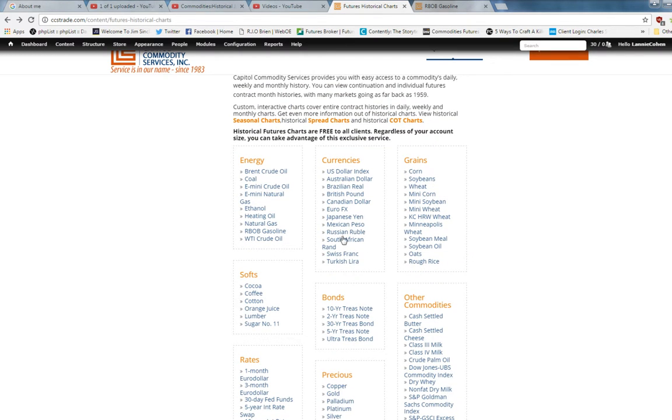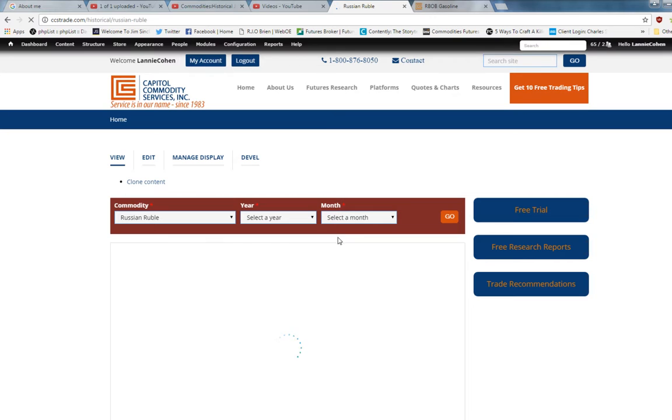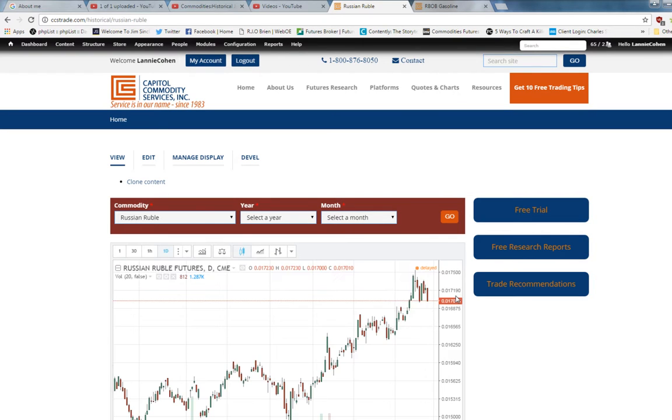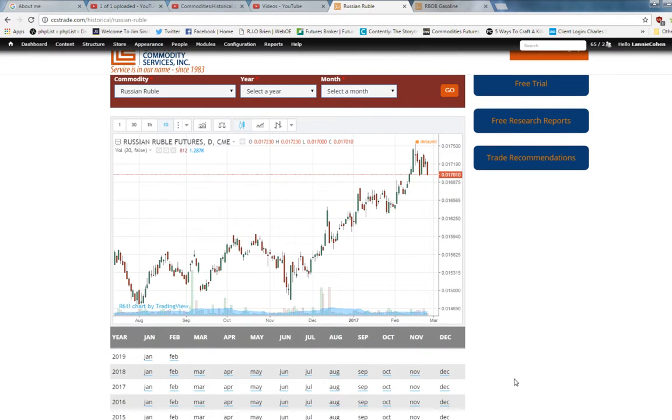But for today, let's look at the Russian ruble, which should look interesting given the current events after President Trump got elected. What prompts is called a daily continuation chart, and what that means is every bar represents one day.